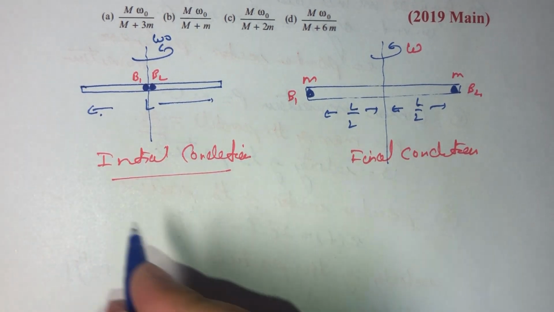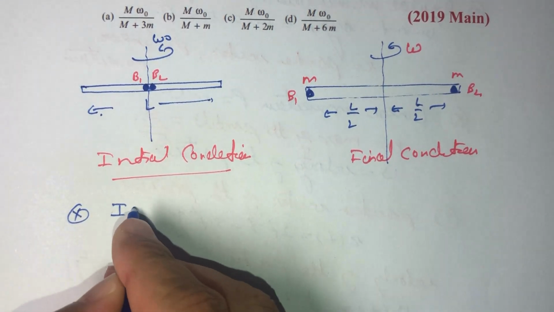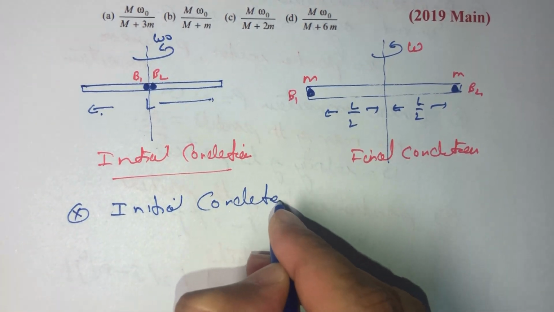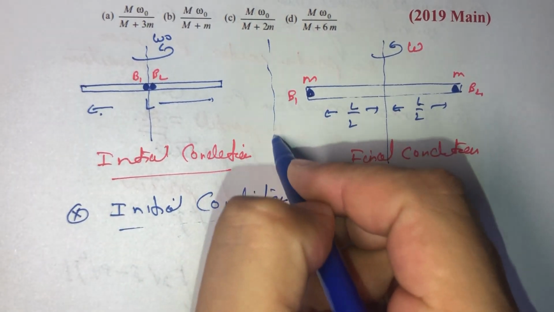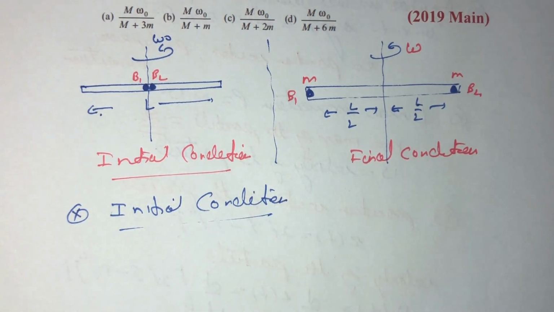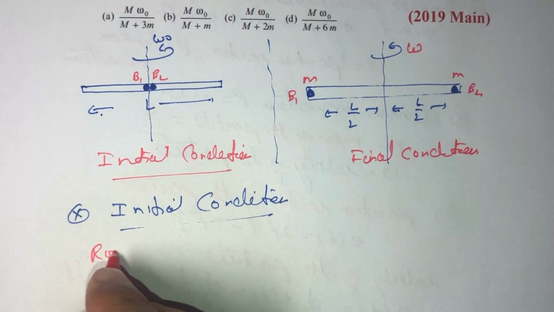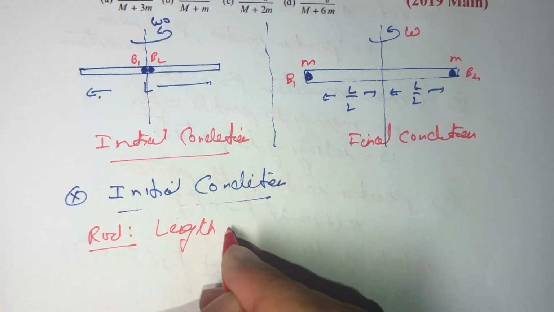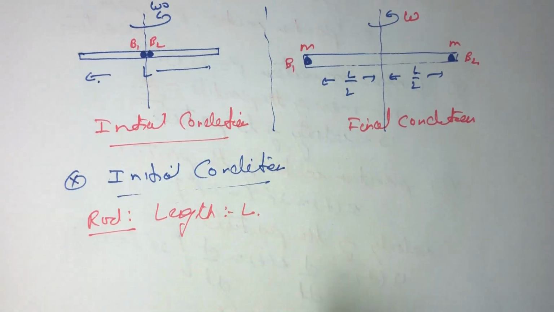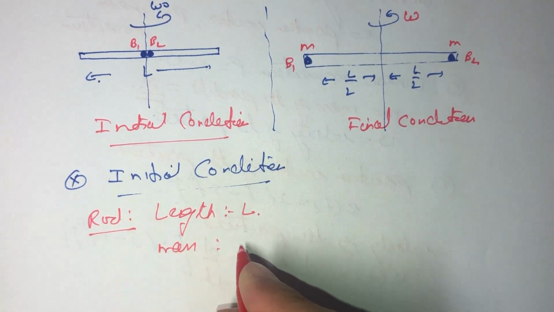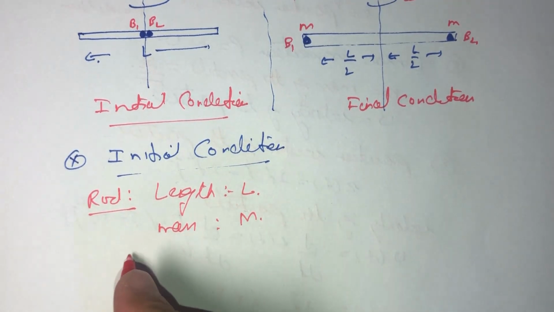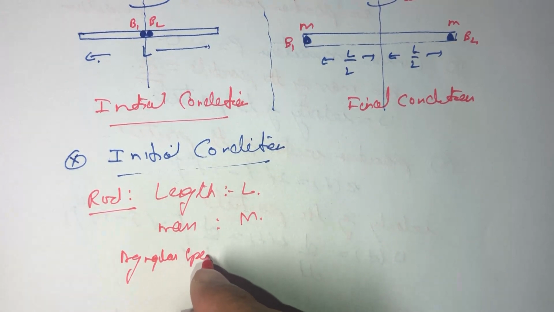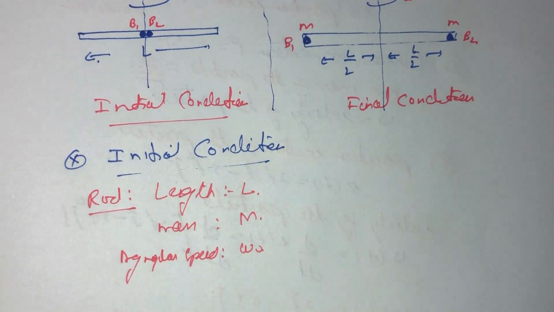So let us solve it first for the initial condition. For the initial condition, we have for the rod, its length is capital L, mass is given as capital M, and angular speed is omega naught.